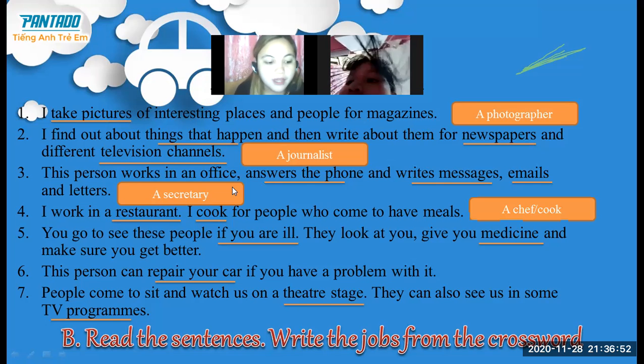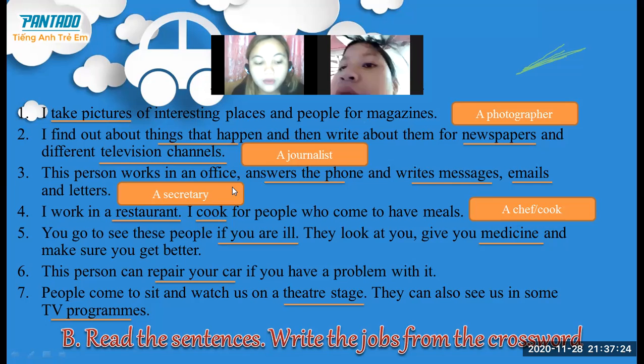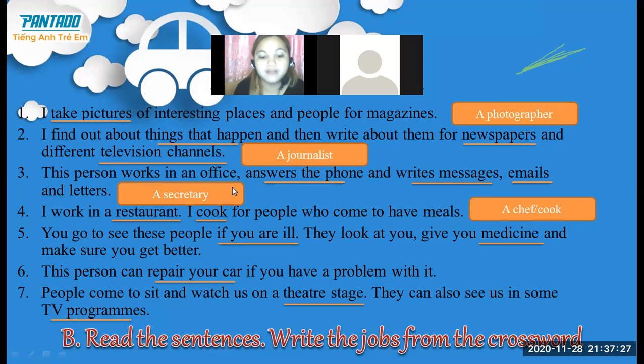Number 5, you go to see these people if you are ill. They look at you, give you medicine, and make sure you get better. So what is this job? What's your answer? A pharmacist. No. You go to see these people if you are ill.